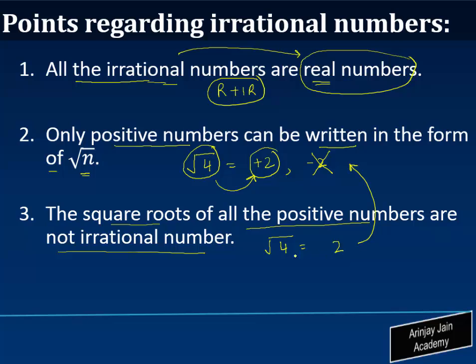So the square root of all positive numbers. Now when you take the square root of 4, it is 2. Now 2 can be written as 2 upon 1, and 2 upon 1 is a rational number. So what this means is that the square roots of all positive numbers are not necessarily irrational numbers. In this case, 2 is a rational number.